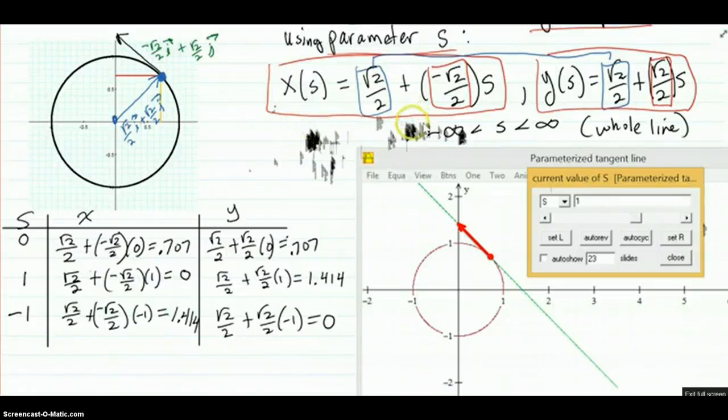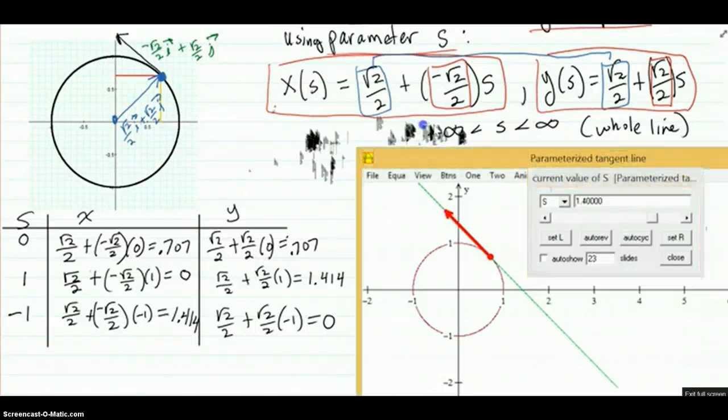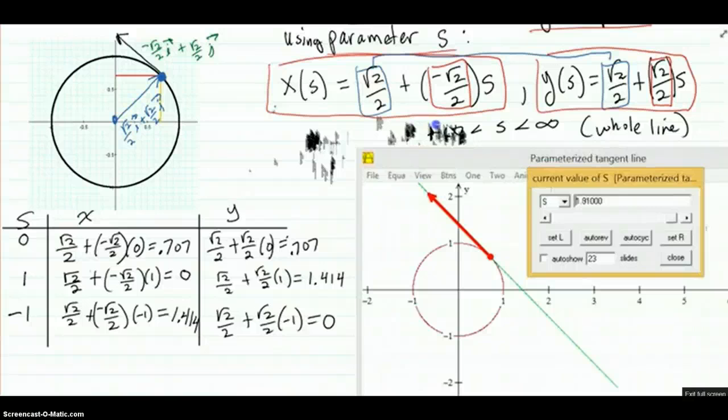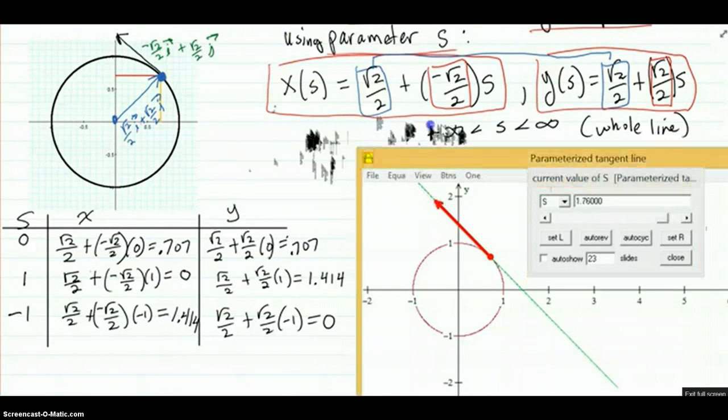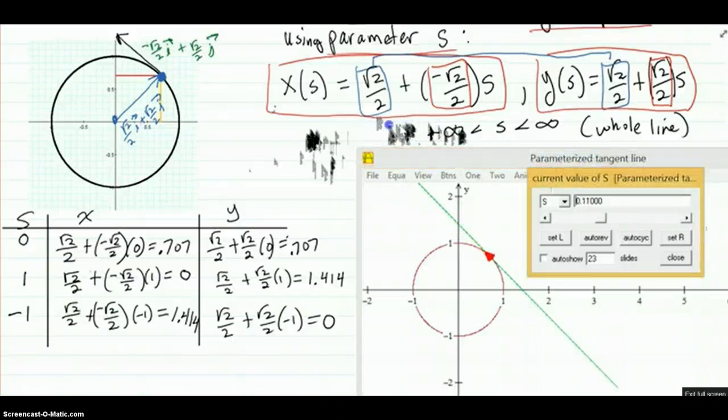Then we can go on to see how the line would continue to be traced out as we increase the s parameter. Keep going, and we go on to infinity. Now, we could also go backwards with negative s values. We'd be here at around 0, and then if we went into negative, it would trace backwards on the line and get the rest of it if you went to negative infinity.